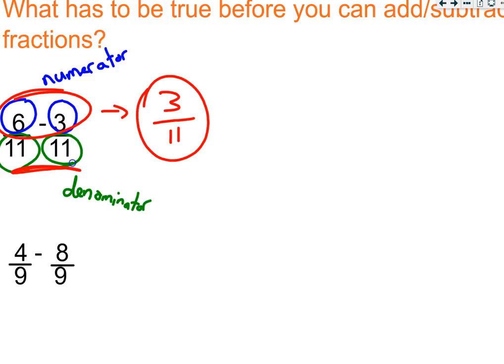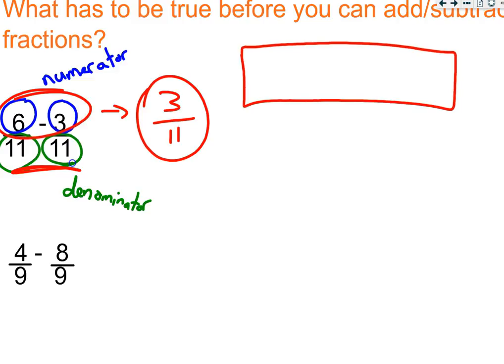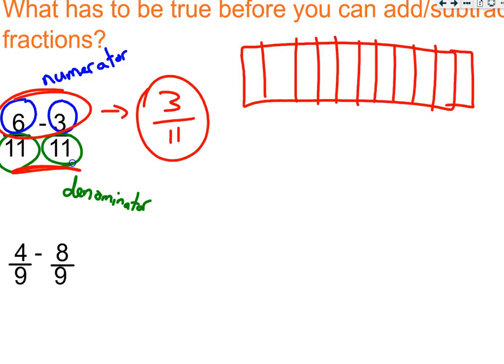Another thing you can think about when doing fractional addition or subtraction problems is a picture. If you had a rectangle broken up into 11ths, and let's say this whole is 11 and you had 6 of them filled in, this represents the fraction 6/11.